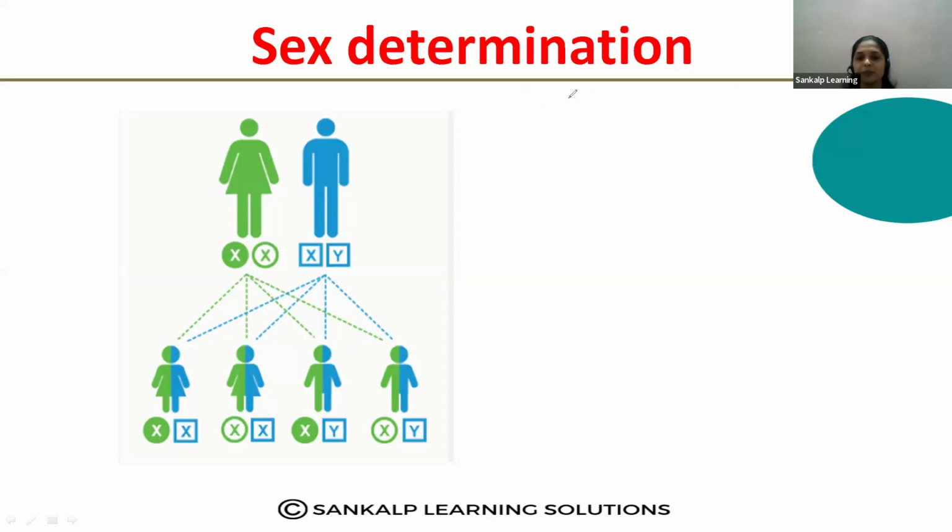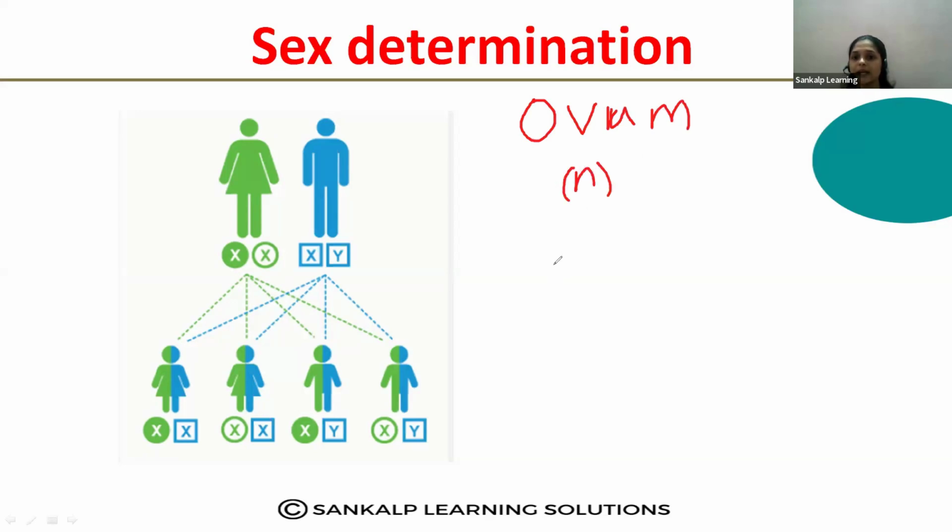In the first step, you should know what is XX chromosome. XX chromosome forms the female and XY chromosome forms the male. So here, during the formation of the ovum, the ovum is haploid, right?